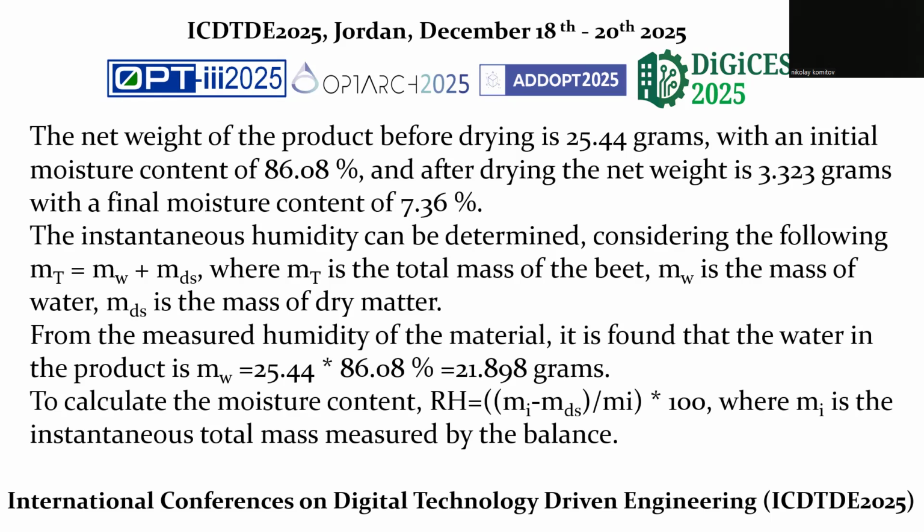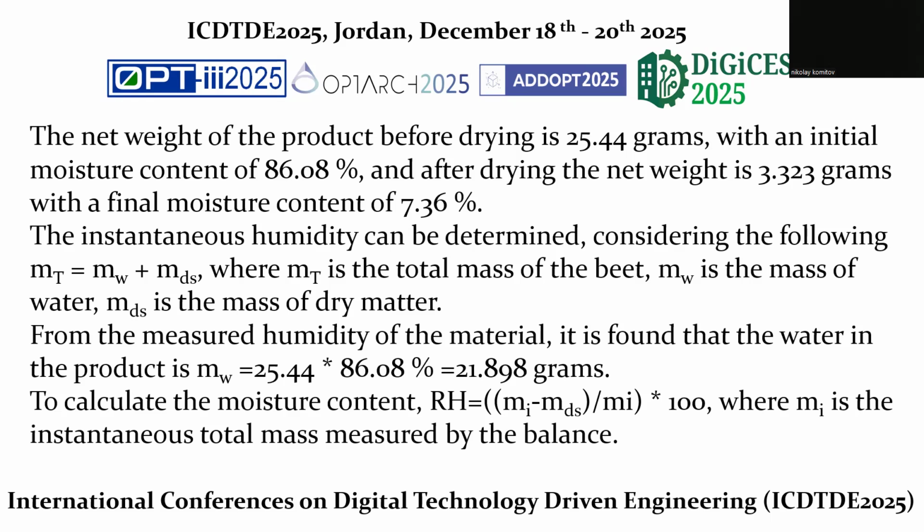The instantaneous humidity can be determined considering the following: MT equals MW plus MDS, where MT is the total mass of the beet, MW is the mass of the water, and MDS is the mass of dry matter.